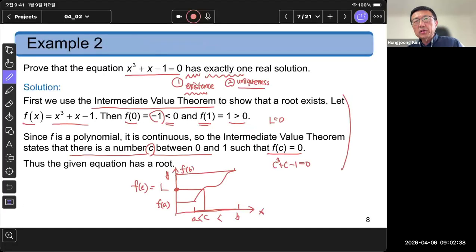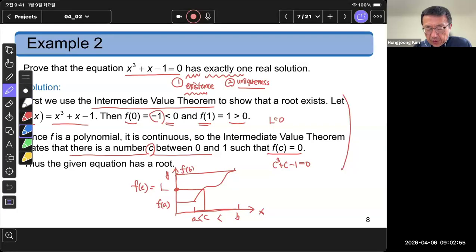We considered one example, and in this example, how do we apply Rolle's theorem? Do you remember that? What was the problem? First of all, we are given this equation, x cubed plus x minus 1 equals 0. And we want to prove that the equation has one real solution.